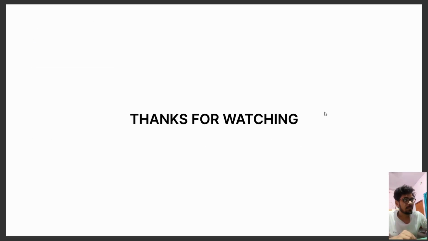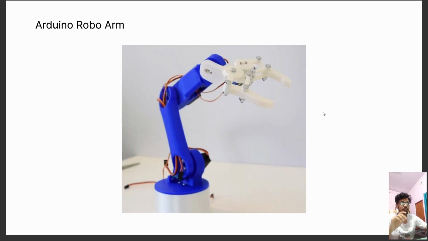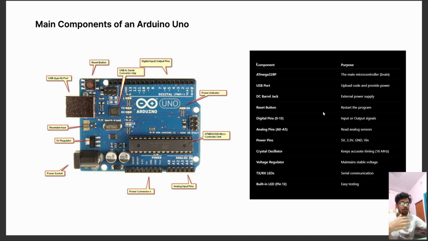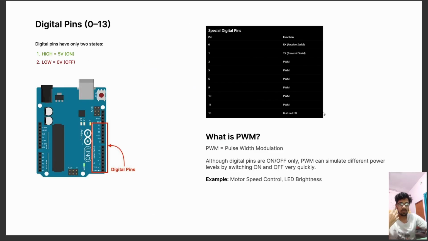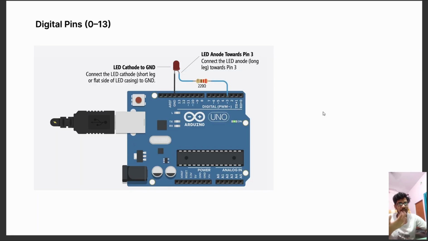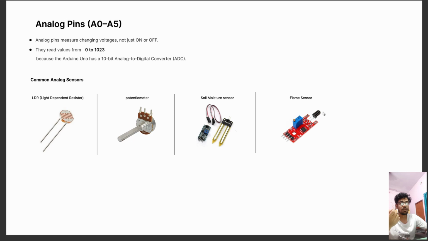So this is the end of the lecture. We learned what Arduino is, what its components are, how it works, what digital pins and analog pins are, and what types of sensors and components connect to analog pins and digital pins.